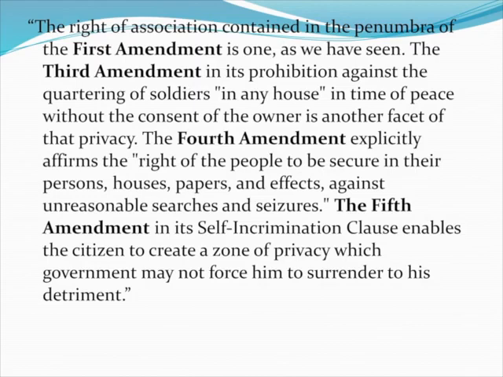So he says, well, that should already be a clue that a right might still exist, even though it's not specifically listed. And then he goes on to say that if you look at the First Amendment, what does it protect? Well, among other things, it protects freedom of association, that very freedom that is not specifically listed, but that the court had previously said is implied.